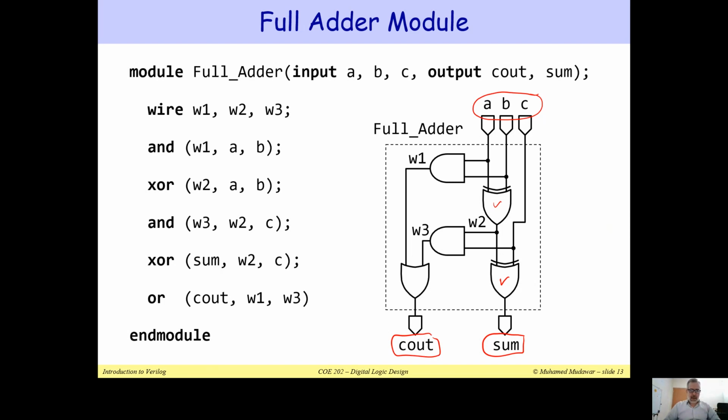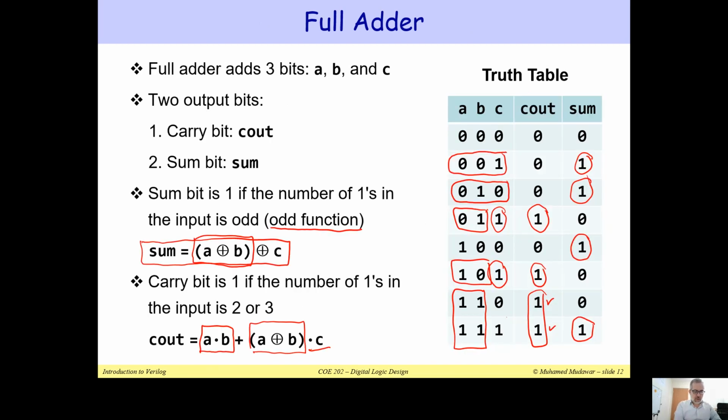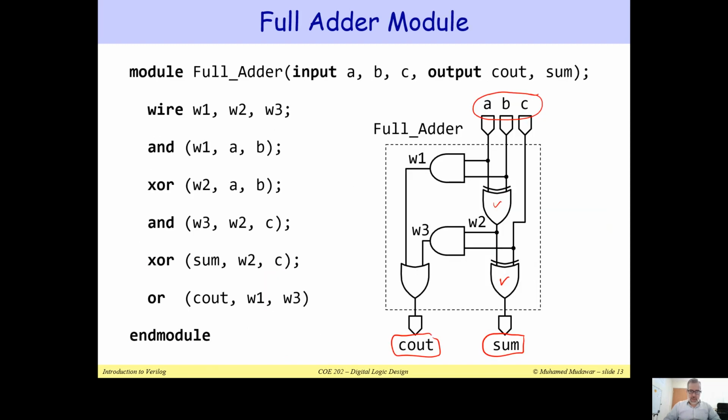In the case of C out, let us go back to the equation. This is the equation here for C out. So it's A and B, or I have an OR here, an OR gate. I have A XOR B and C. So A and B, this is A and B. That's my AND gate. The output will be called W1. That's wire 1.